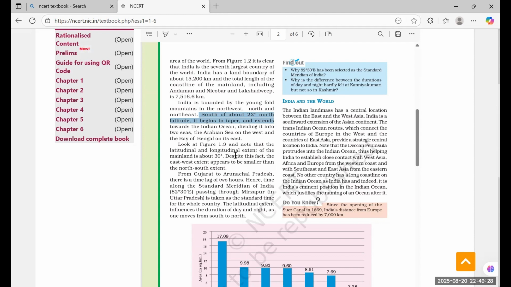That is why we say that it begins to taper. This narrow peninsular India, which is almost penetrating into the Indian Ocean, divides it into the Arabian Sea and further towards the Bay of Bengal in the east.